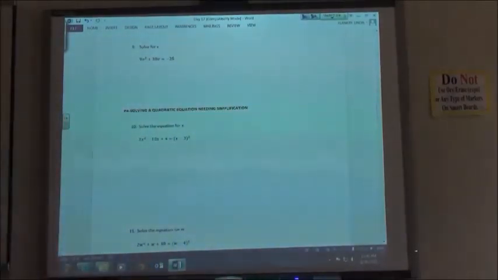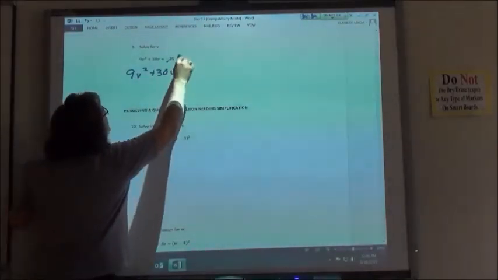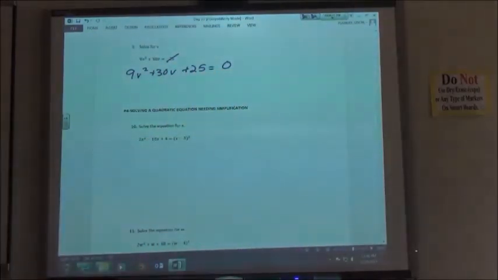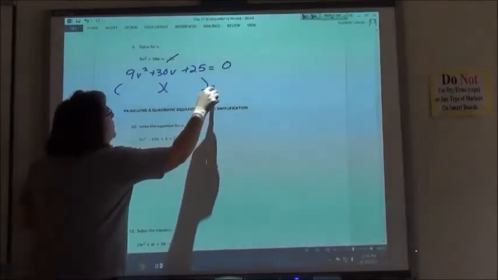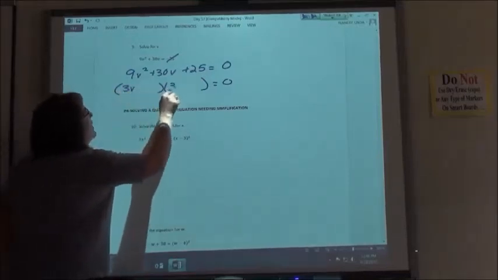So number 9, again, that one is not equal to 0. We want to go ahead and set it equal to 0. So 9v squared plus 30v, and then that becomes a plus 25 to equal 0. So when we factor that one, what do we want to try for 9v squared? 3v and 3v.